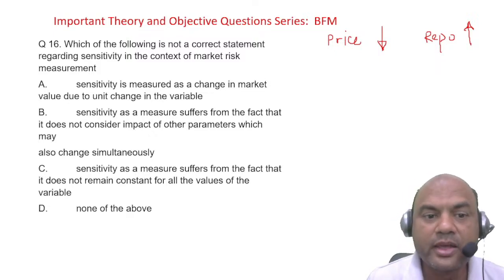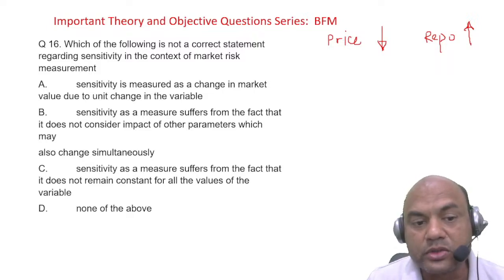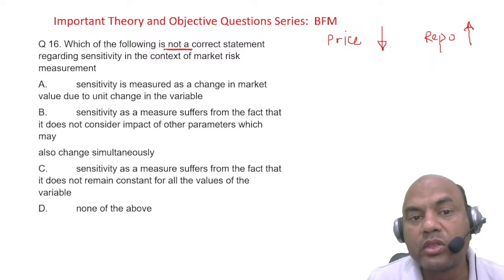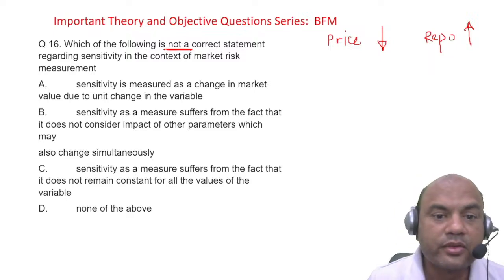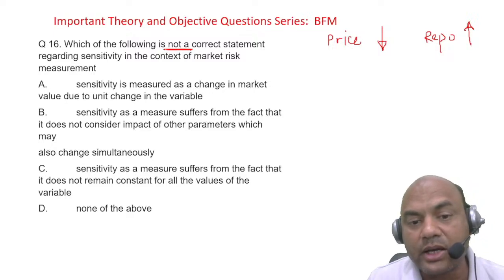Sensitivity as a measure suffers from the fact that it does not consider impact of other parameters which may also change simultaneously. Now we want the not correct one. Always keep in mind the main question.